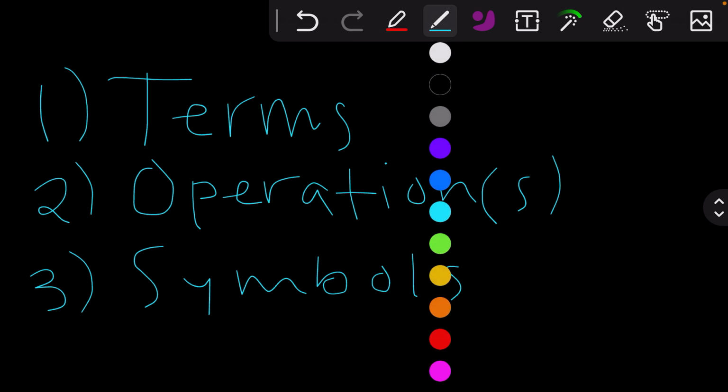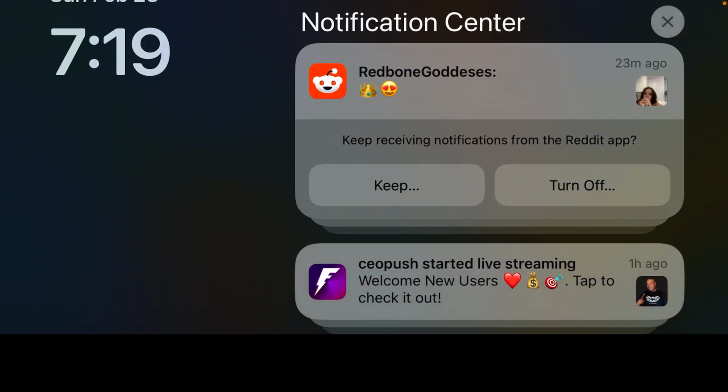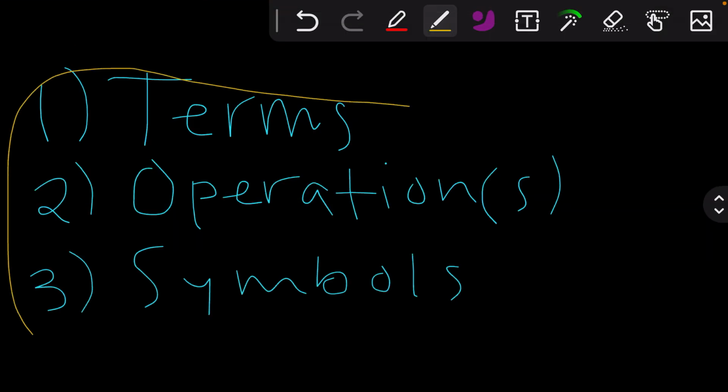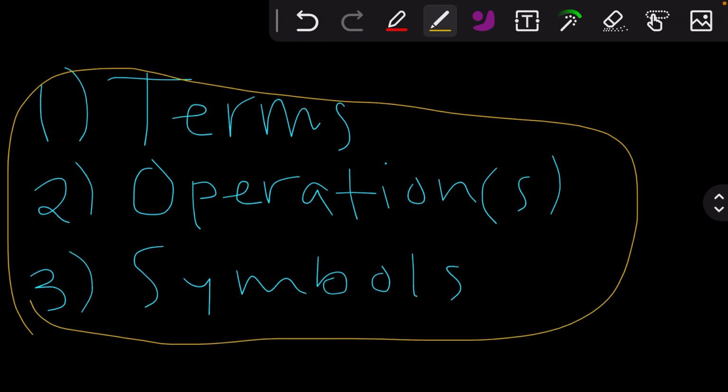These are the 3 parts of every equation. Now, equations can get more complex. They can have more things than these 3. But you're going to want to be comfortable with terms, operations, and symbols, and identifying them.